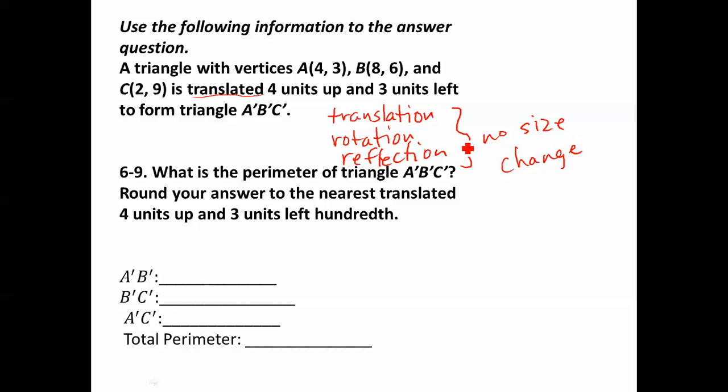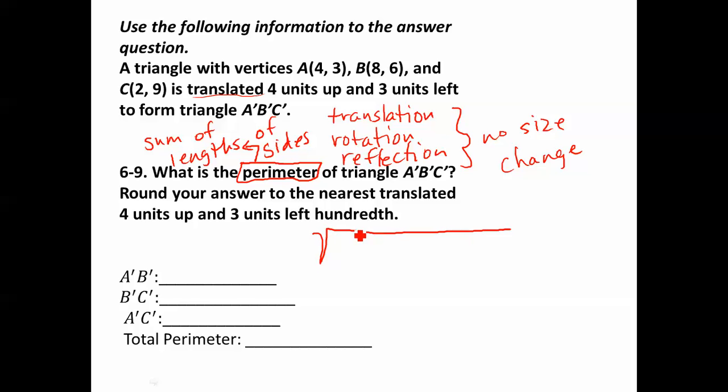So we can use our original points to figure out what we're going to do as far as trying to find the perimeter. So my perimeter is the sum of the lengths of the sides. So I need to know what the lengths of my sides are. And I'm going to use the distance formula to figure that out.